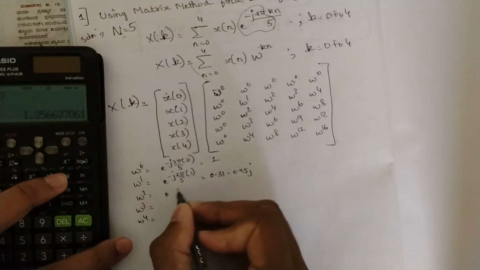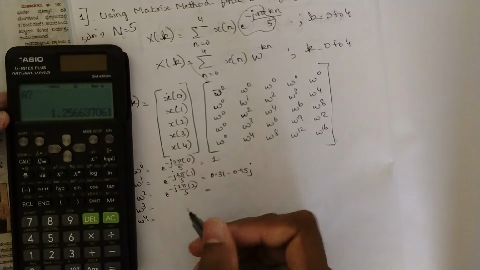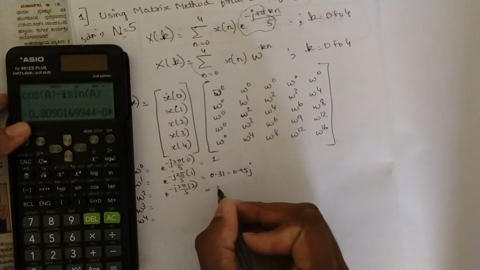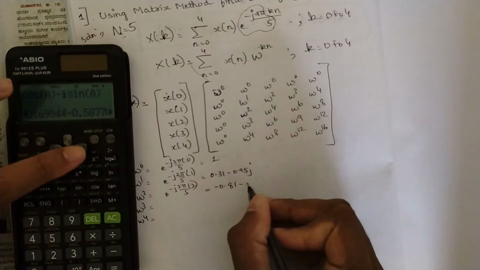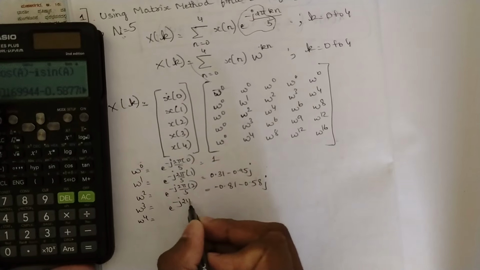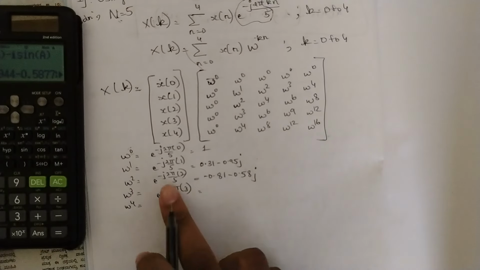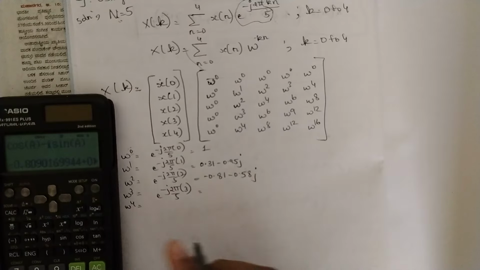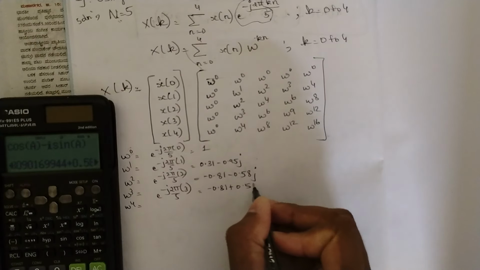Then next is w power 2, e power minus j 2 pi by 5 into 2. 2 2s are 4, so 4 pi by 5 this time, that is equal to minus 0.81 minus 0.58 j. Similarly w3, e power minus j 2 pi by 5 into 3. 3 2s are 6, so 6 pi by 5 now, that is equal to minus 0.81 plus 0.58 j.